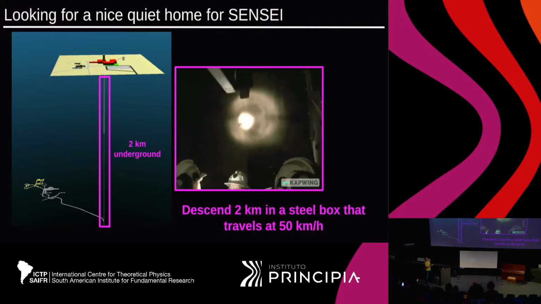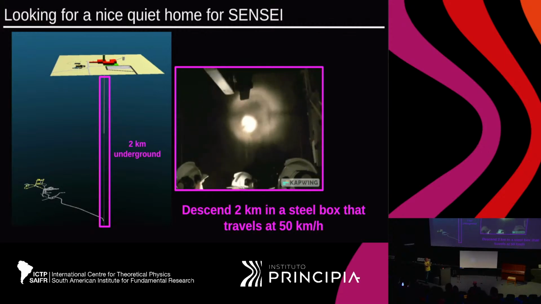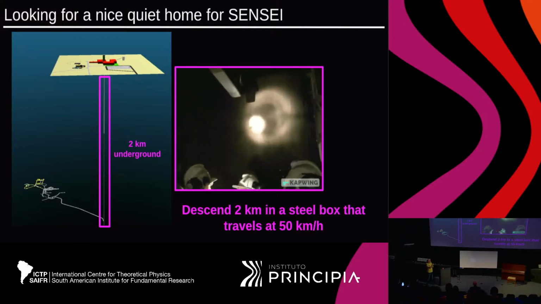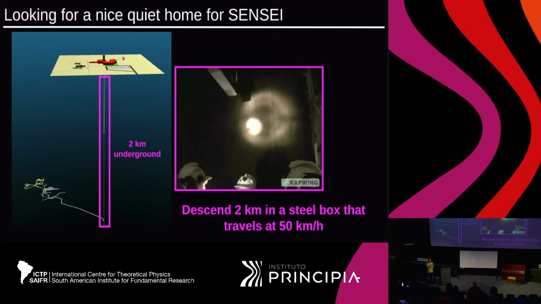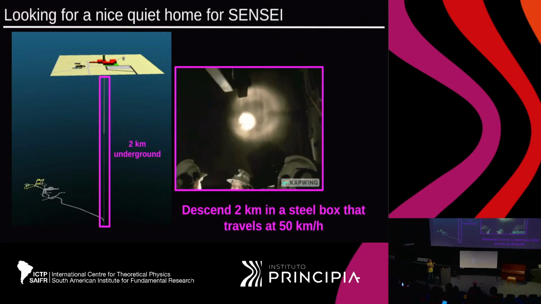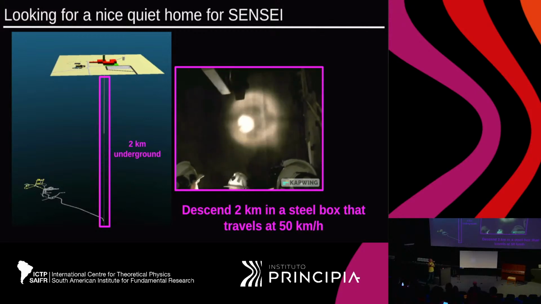To get there, you have to go down a drift inside a steel cage, the same cage that is used to take the rocks out. This thing goes down at 50 kilometers per hour, which is very fast, and it goes down 2 kilometers.